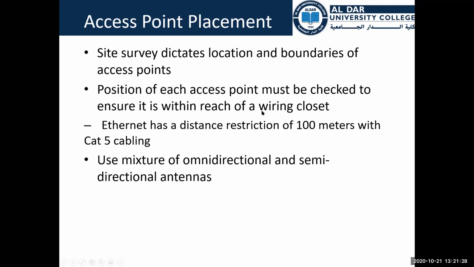If the access point is very far from the wired LAN, the signal strength decreases, because you are limited to 100 meters of Cat5 cable. So it is better to place the access point very near the wired LAN, and use a mixture of omnidirectional and semi-directional antennas.